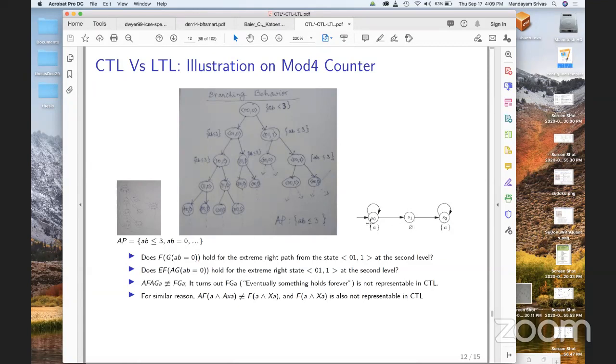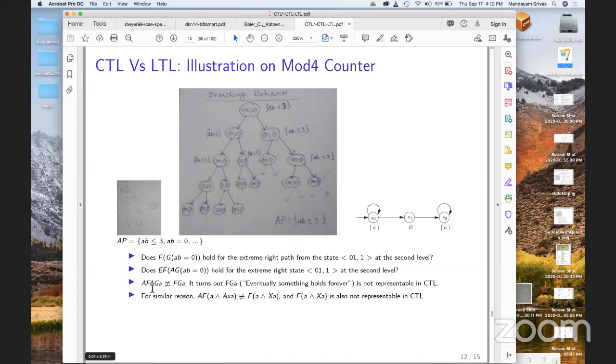So you have to ask the question about the states on the path, and it requires that every path originating from that state has to satisfy it. That's why this is not satisfiable.